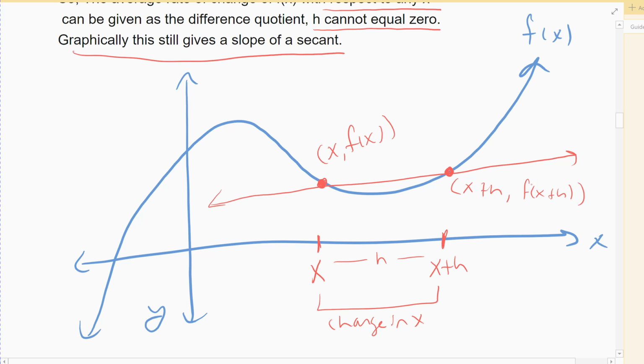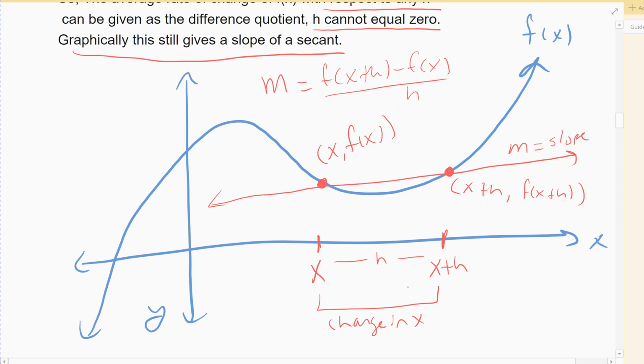The slope of that line is equal to the difference quotient, my change in y over my change in x. Well, my change in y would be, this would be my first y value, this would be my second y value. And so that slope is still the rate of change, f of x plus h minus f of x all over h, because h is the change in x.